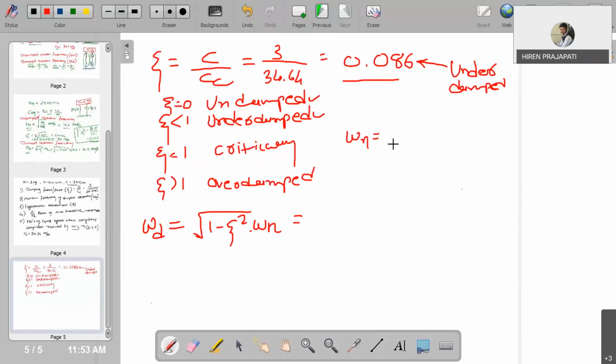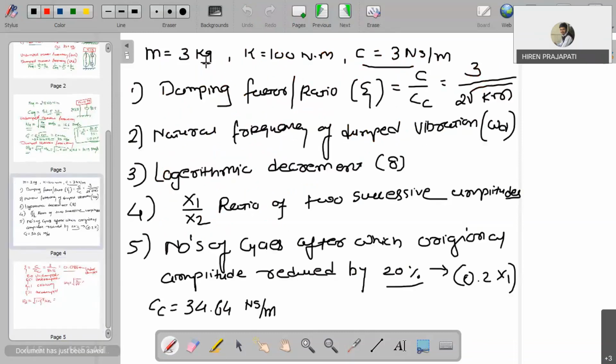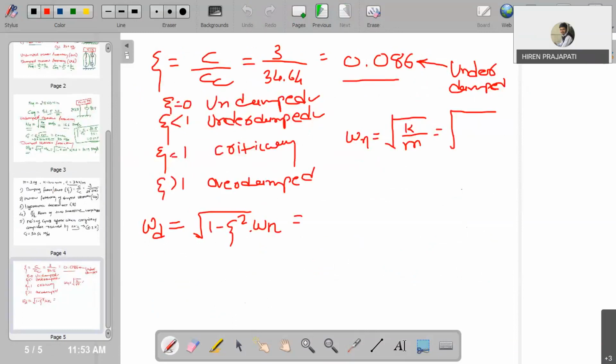Square root k by m. We have k, 100 Newton per meter, and m, 3 kg. So just find out how much we are getting as omega n. So omega d is 5.74.